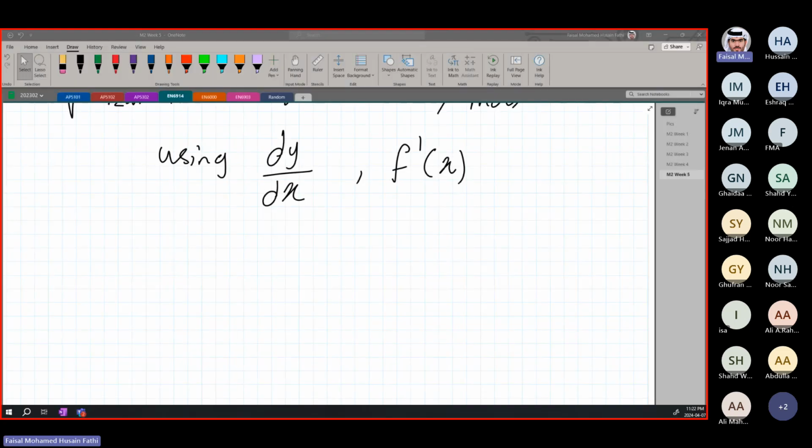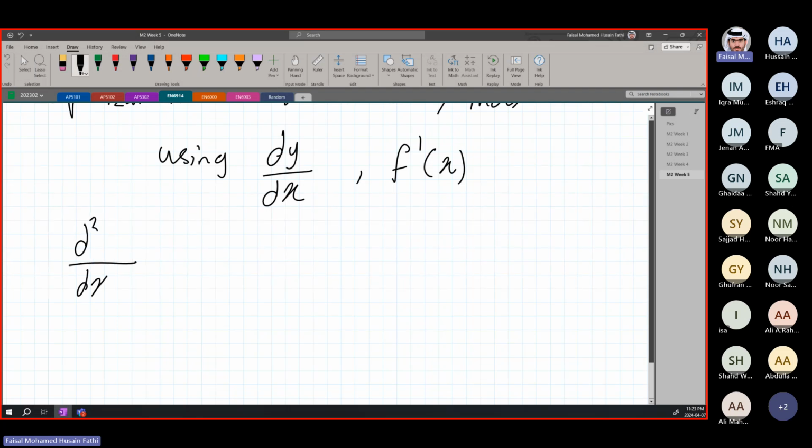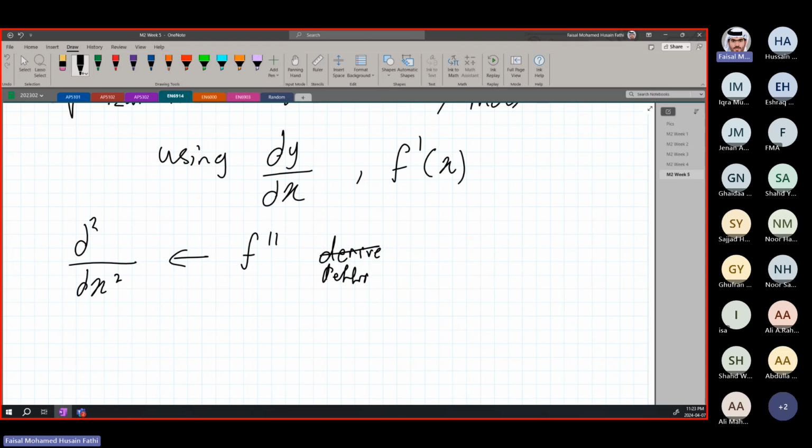Before I move on, let me see if you guys have any questions. Sajjad asks about d by dx squared. I didn't understand what you mean. When it's d squared by dx squared, this just means you will do f double prime, you will differentiate twice.